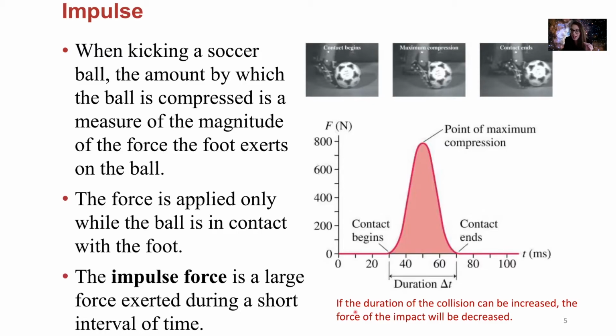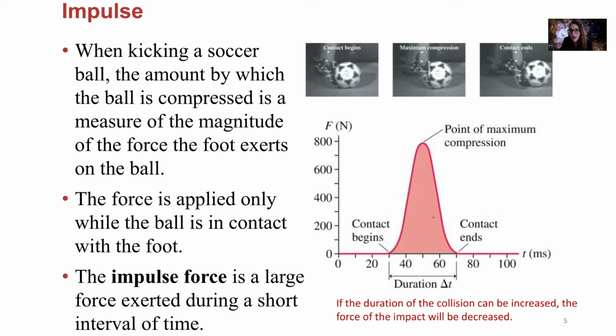So as we already talked about, if the duration of this collision could be increased, the force of the impact will be decreased. Again, here we're thinking about the area underneath the curve. The impulse is equal to the area underneath a force versus time graph. So our total impulse is going to be this area underneath this curve right here. That total impulse has to equal our change in momentum.